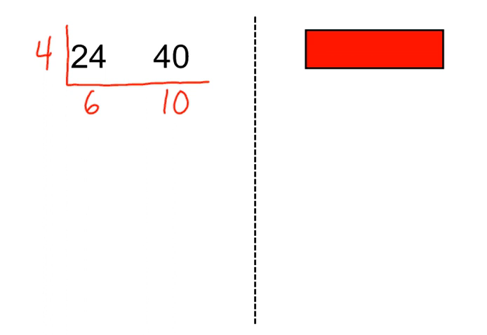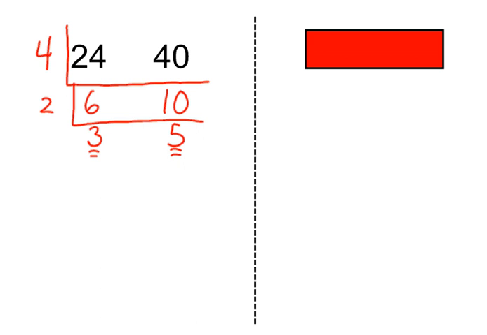Now, is there any number other than 1 that would go into 6 and 10? Well, they're both even numbers. So 2 would go into both of them. 2 is a factor of both of those numbers. 2 goes into 6 3 times. 2 goes into 10 5 times. Now, is there any number that would go into 3 and 5 other than 1?